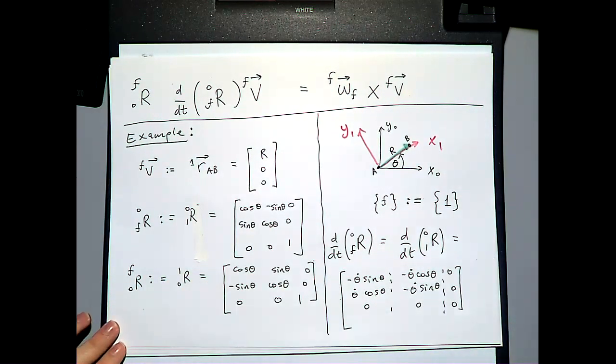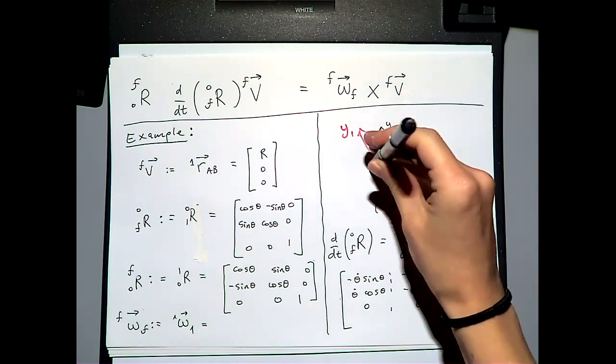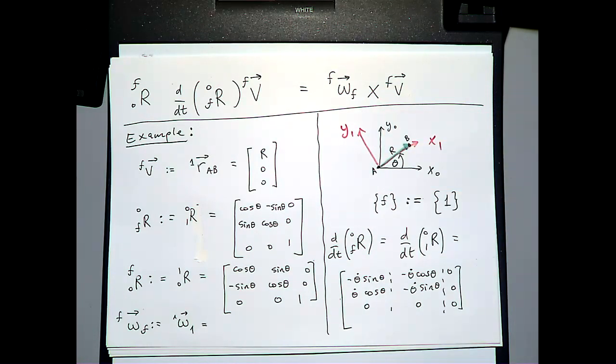What is omega f in frame f? That would be omega 1 in frame 1, which is what? What is the absolute angular velocity of frame 1 expressed in frame 1? So it's a vector. Its direction is along the axis of rotation, which is the axis coming out of the page, and is parallel to either Z0 or Z1.